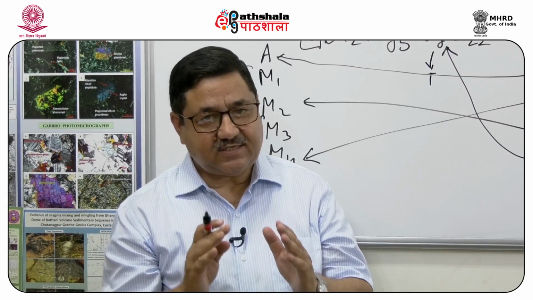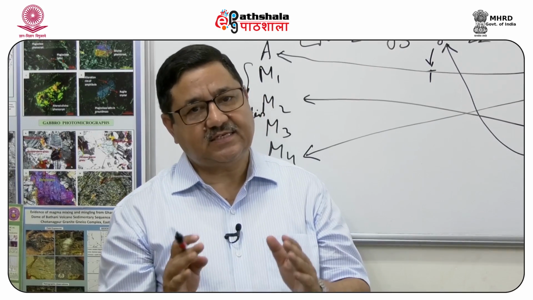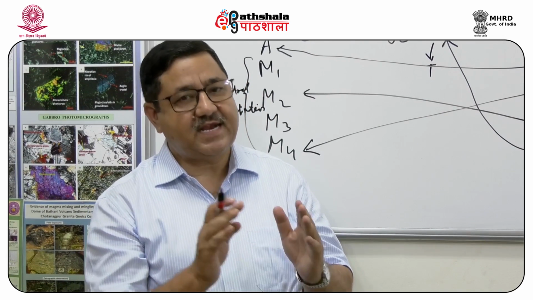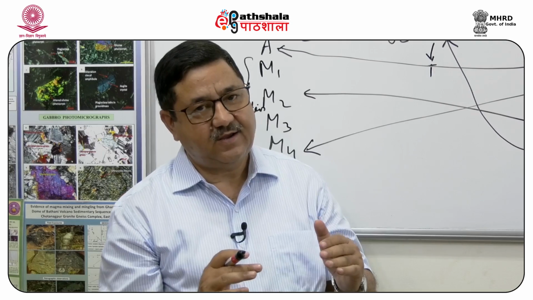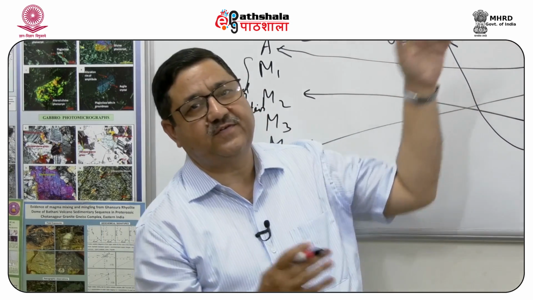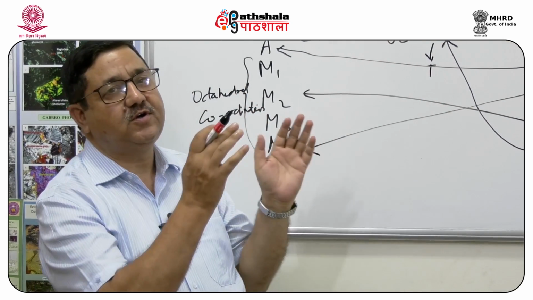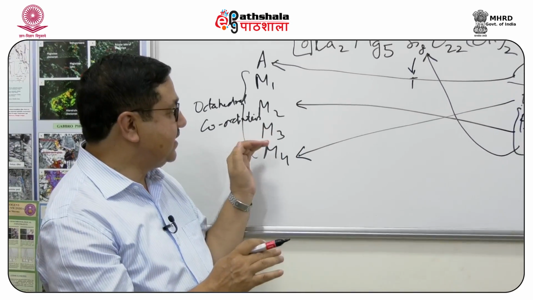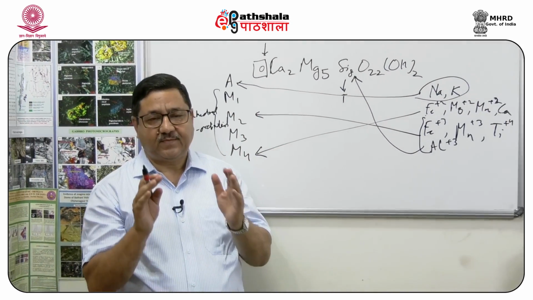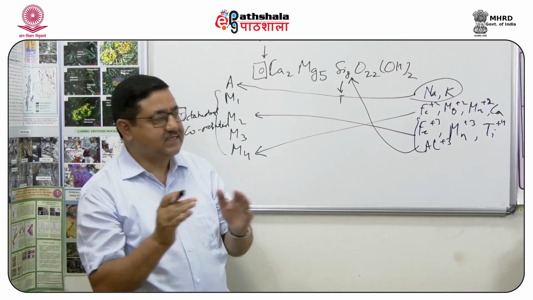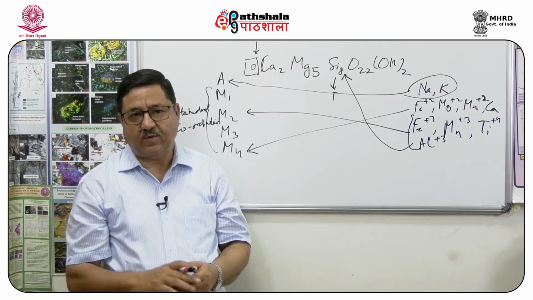Therefore, the crystallographic sites in a structure for cations and anions are limited, though a large number of elements can substitute in those positions. The crystallographic sites remain as individual sites, while the number of elements can be more.